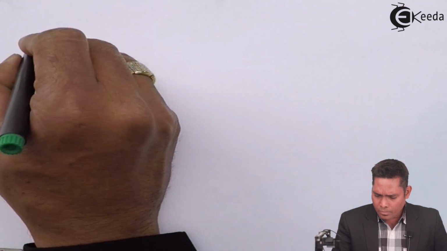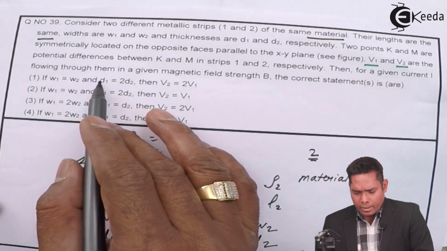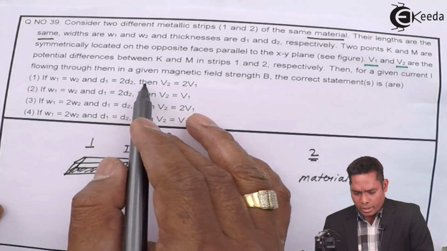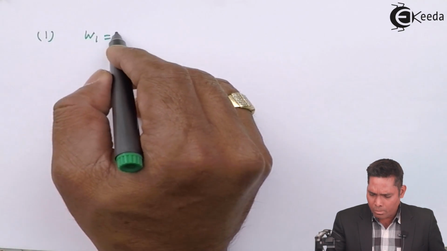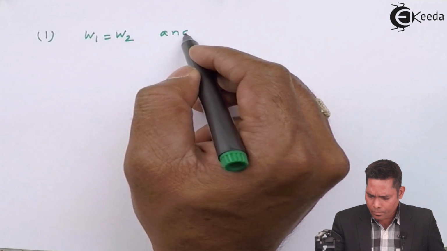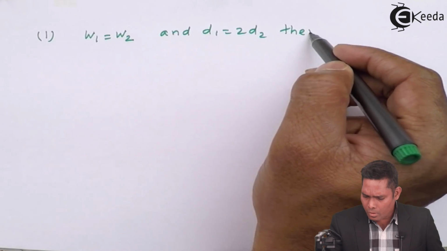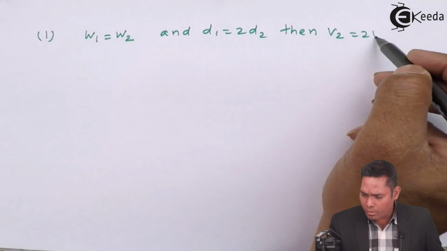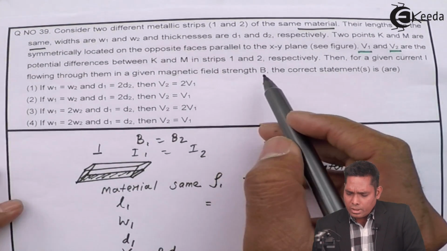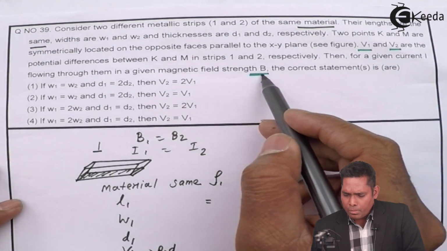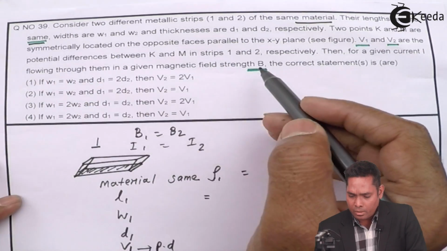First option: if W1 is W2 and D1 is 2D2, then V2 is 2V1. Is this relation correct or wrong? What is the relation? We take the condition that B is the same and the lengths are the same.